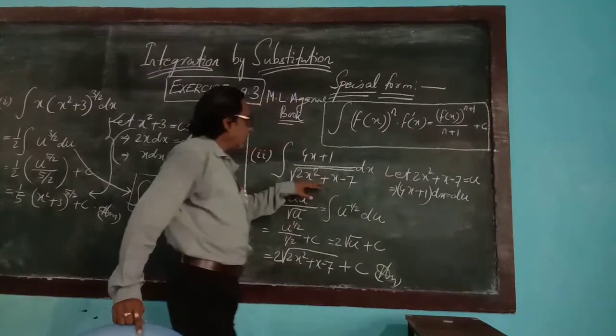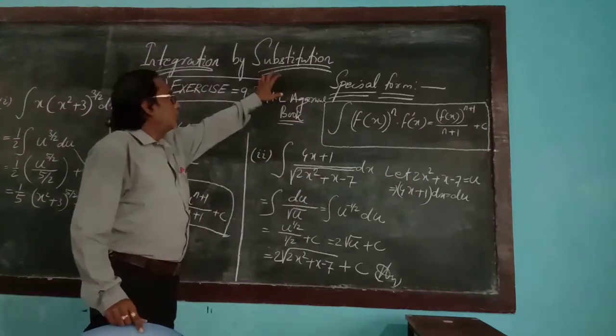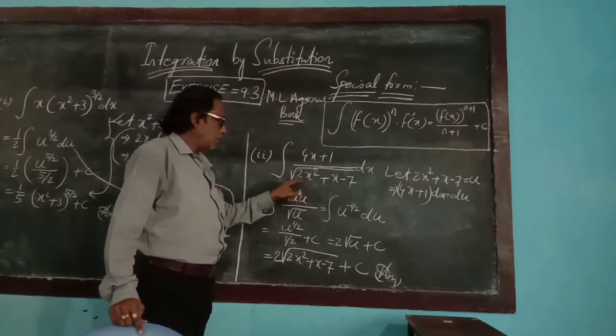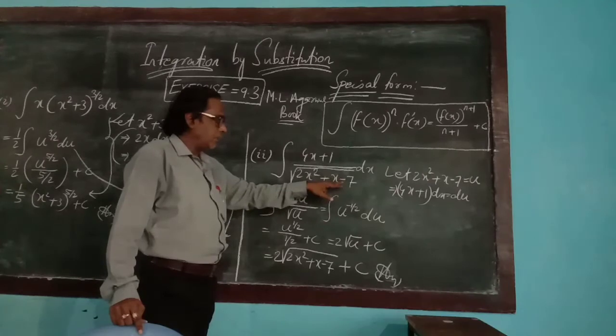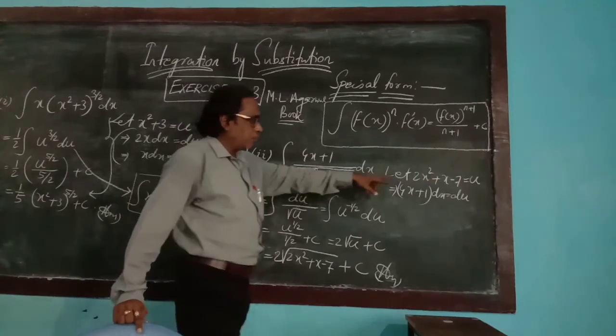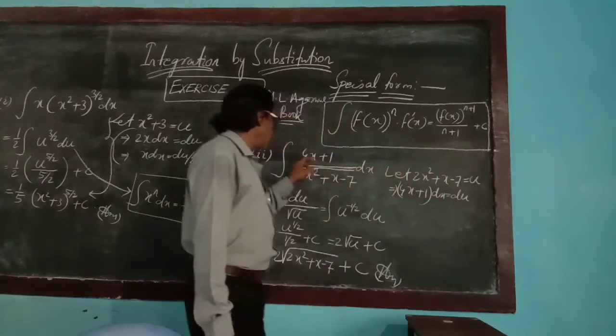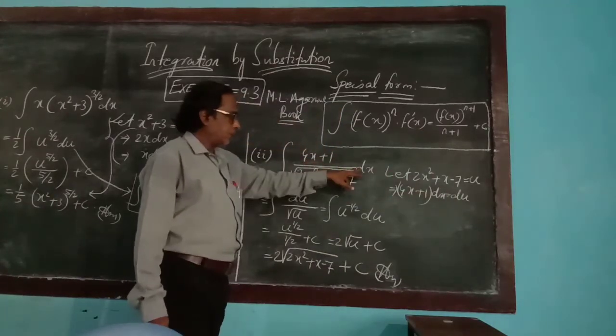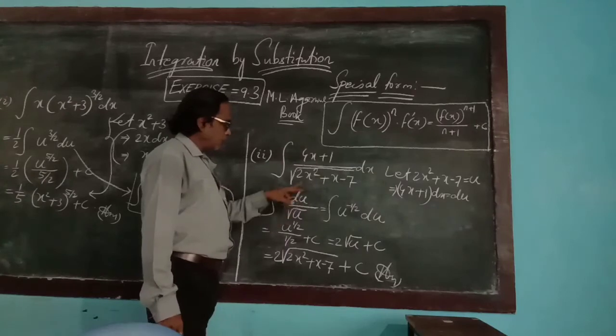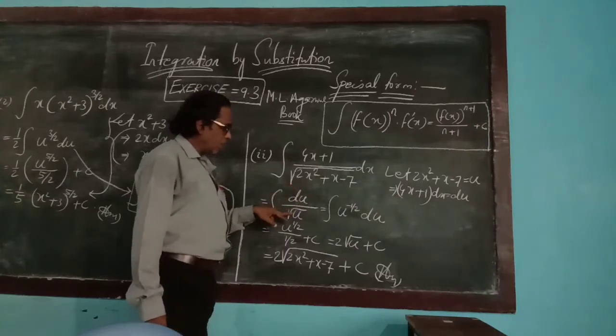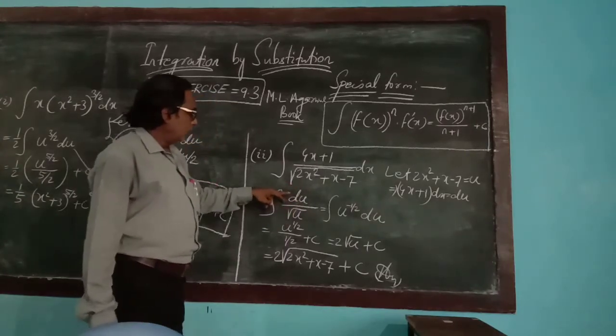Therefore the method is called integration by substitution. I am substituting the value of 2x square plus x minus 7 as u, and differentiating both sides I get 4x plus 1 dx equal to du. Putting the value of 4x plus 1 dx as du divided by root over u. Root over u means the power is half, and taking it up, this will be minus half.